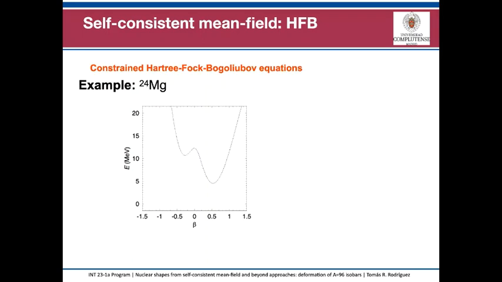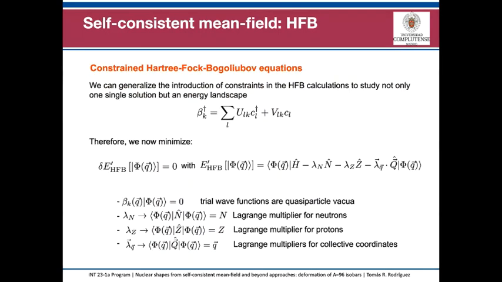Yes, that's right. But is this beta minimum actually very close to the quadrupole constraint you put in? No, the quadrupole constraint is this. This is something that is forced. We are changing the value. So let me go back here. We solve this equation, we minimize this energy, and this energy is built in this way. And we force these wave functions to have this beta, or Q20, for example the quadrupole moment. And we change the quadrupole moment step by step.